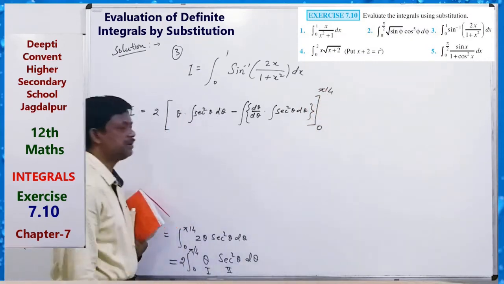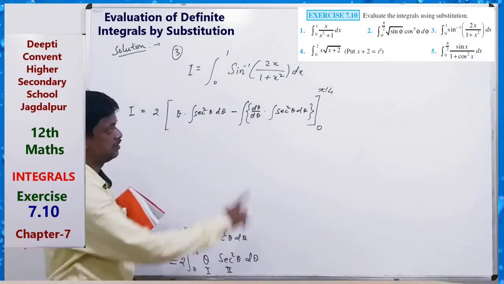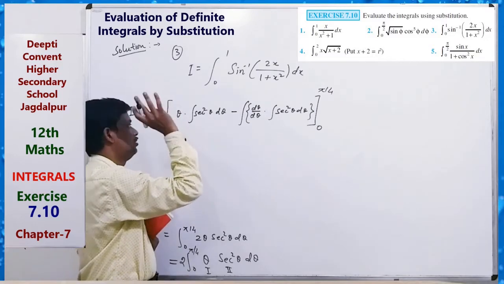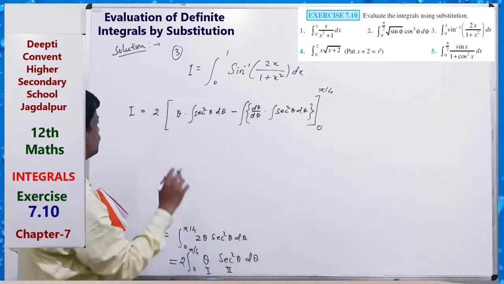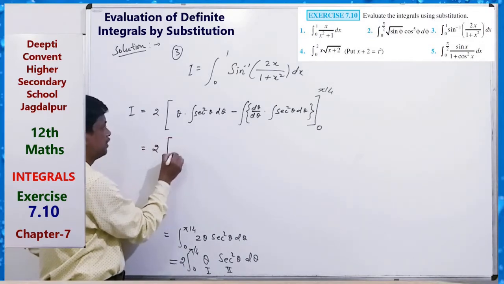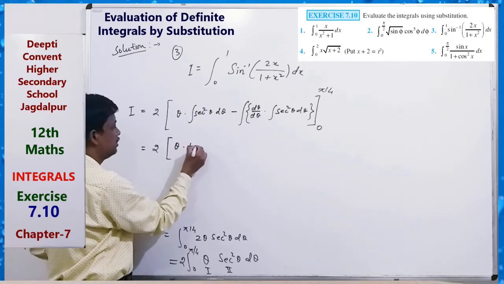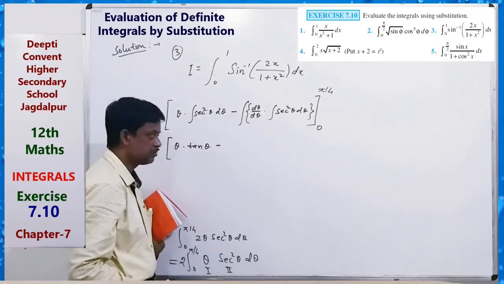You can use the limit at once, or use the limit first here, then here also. So now we get first part theta tan theta, minus integration of sec square tan theta here.